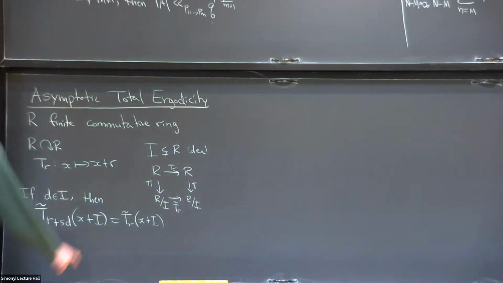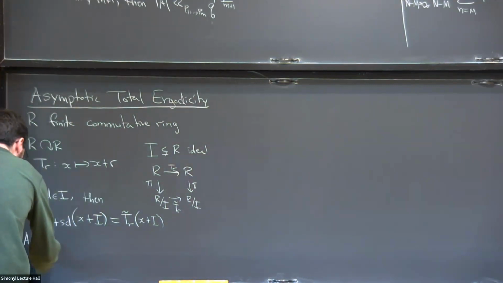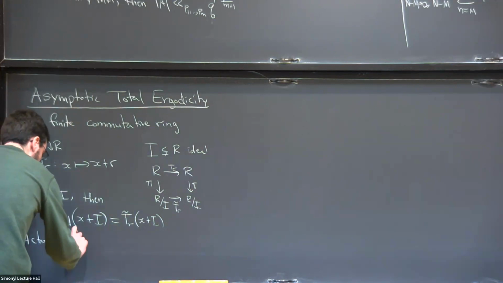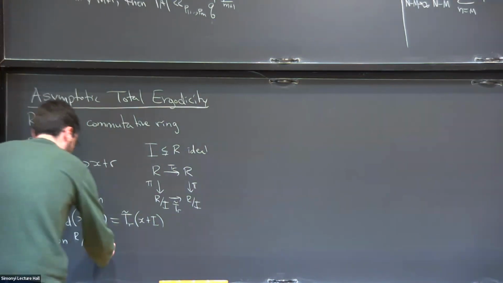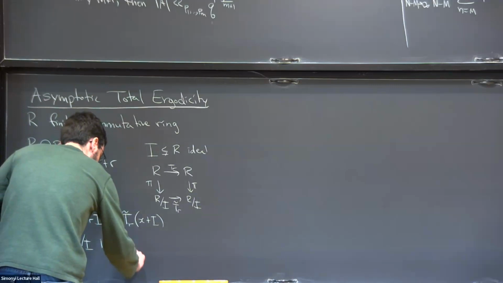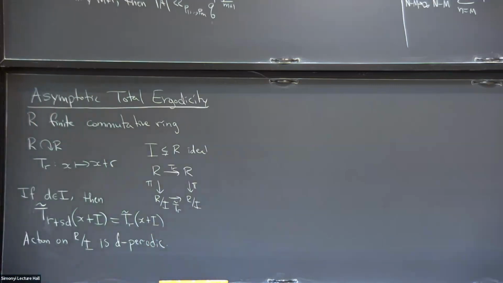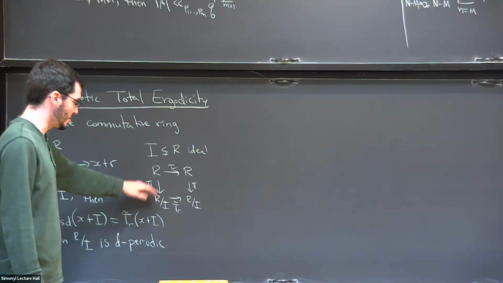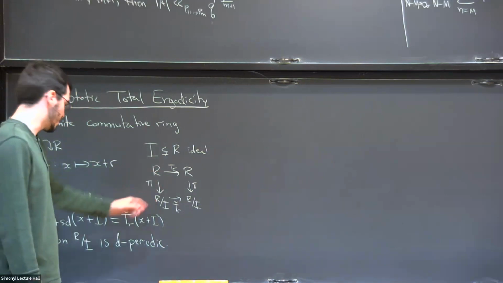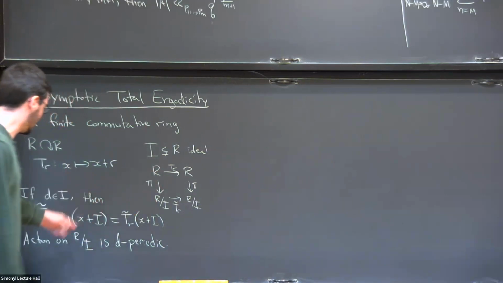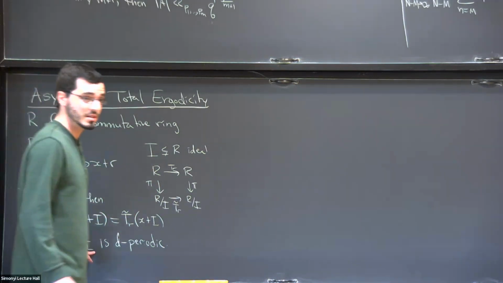And so the action on this factor space is periodic, d-periodic for every d in the ideal. So if we have ideals of this ring, we can produce some periodic factors along elements of this ideal.